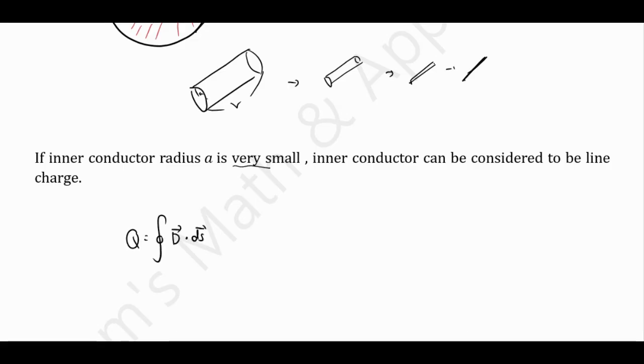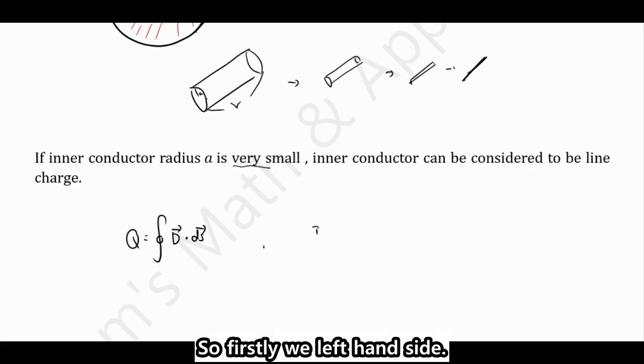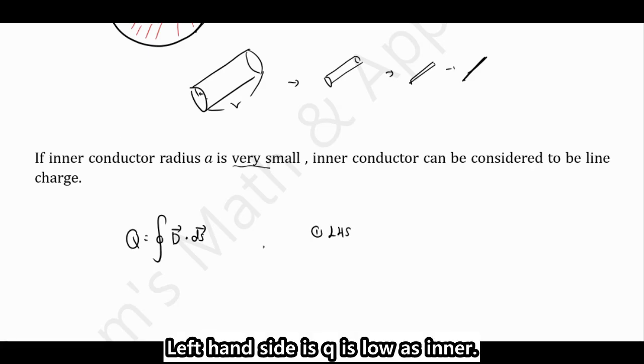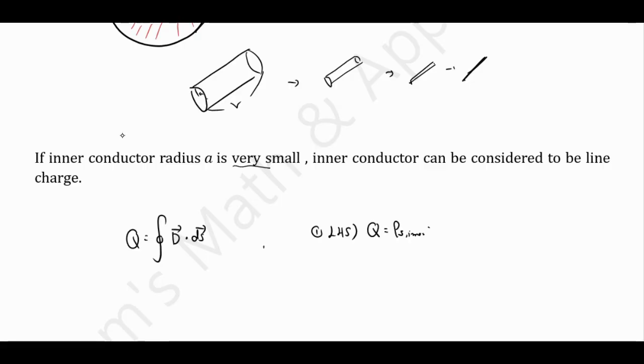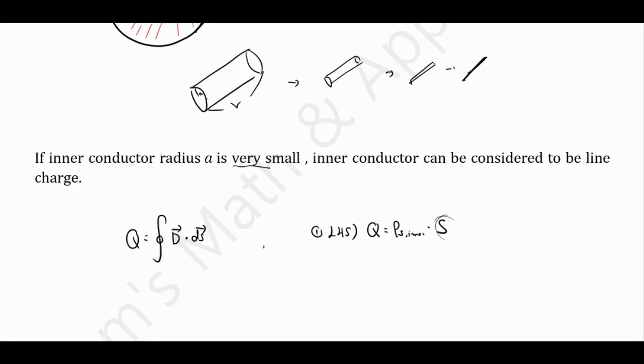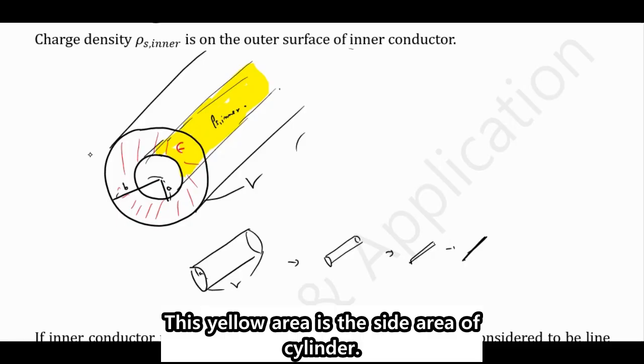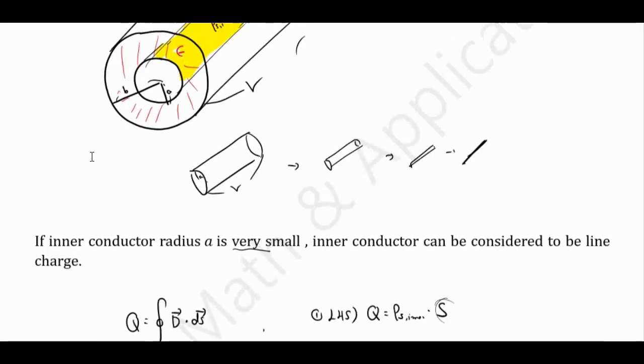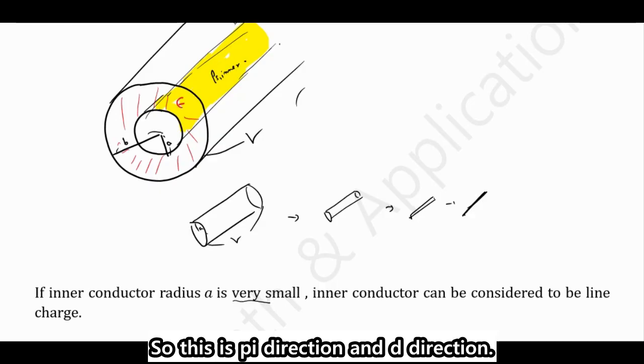Integral of D dot dS. Firstly, the left-hand side is Q, which is rho_S inner multiplied by the side area of the cylinder. This yellow area is the side area of the cylinder. There are phi direction and z direction.